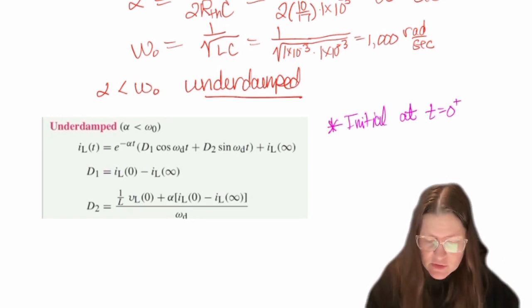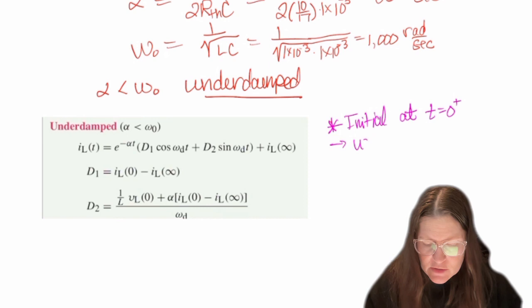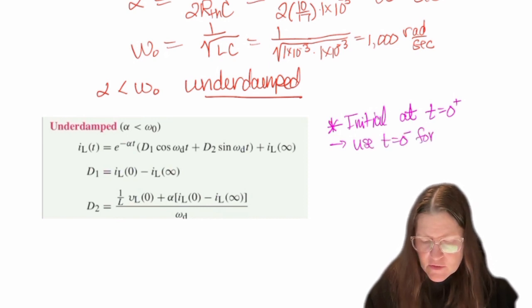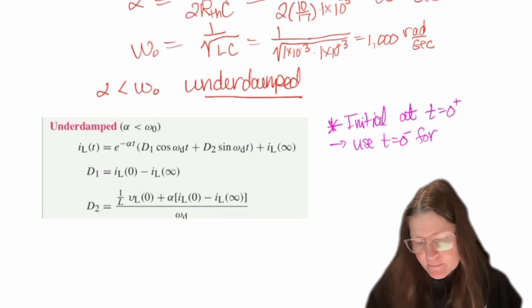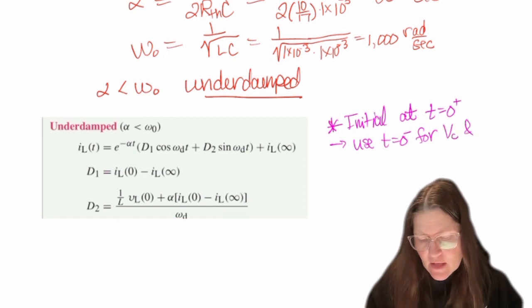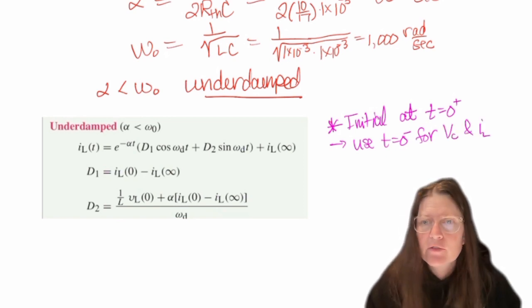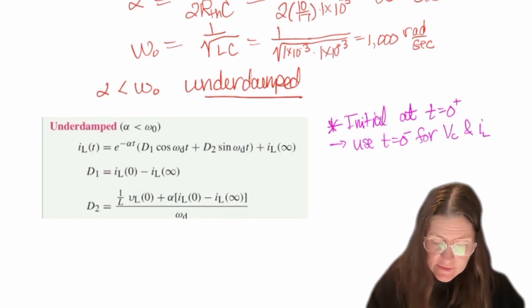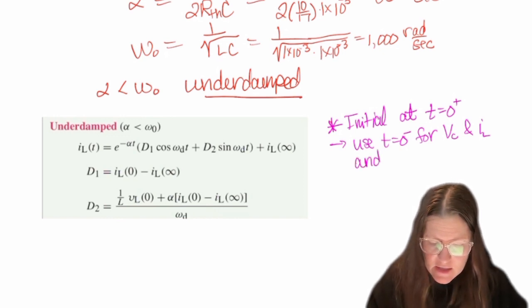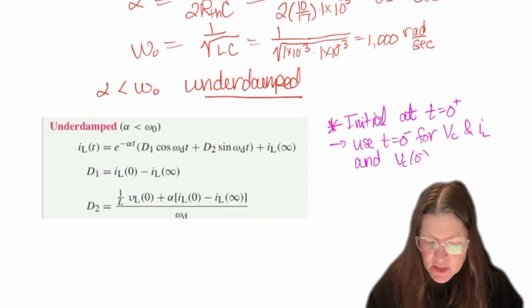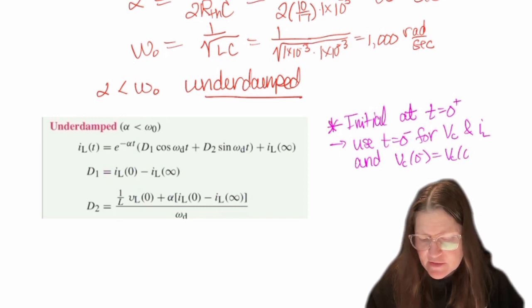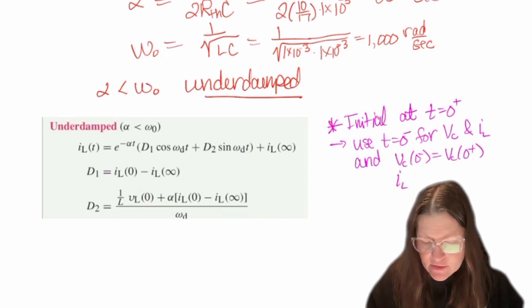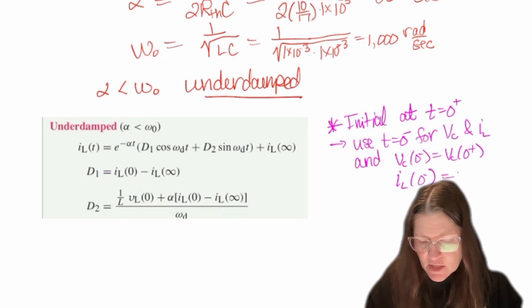So we use t equals 0 minus to find VC and IL, and those are the values that stay the same. VC of 0 minus will stay the same for VC of 0 plus, and IL of 0 minus will become IL of 0 plus.